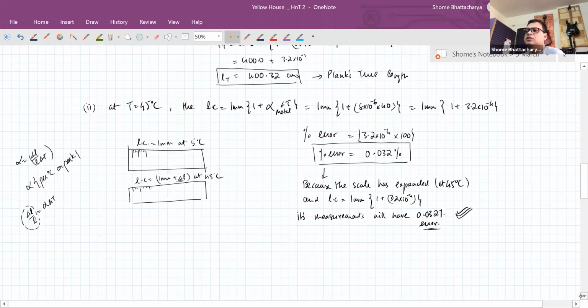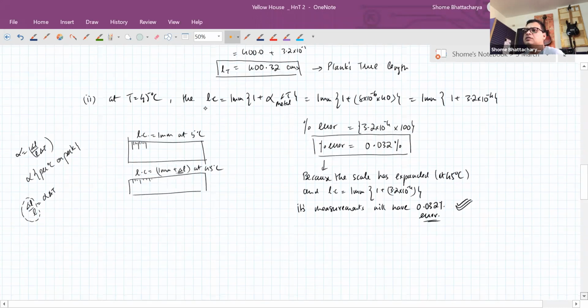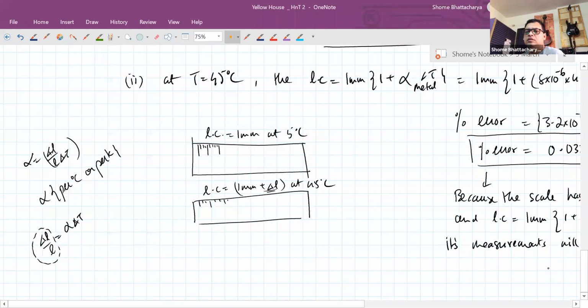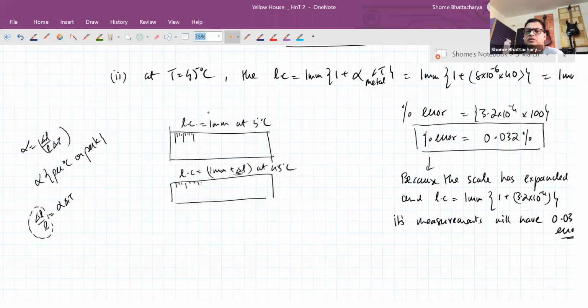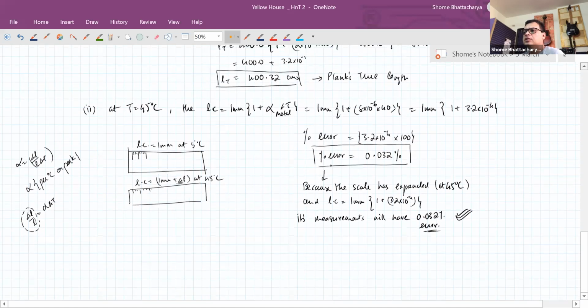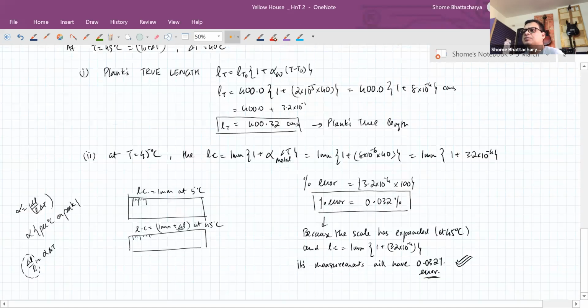Okay, so in the third part, what is happening is that... No, why 328 beta? It is 3. Okay, that is alpha into delta T. No? See, the metal expands, and the metal expands according to this formula. No?